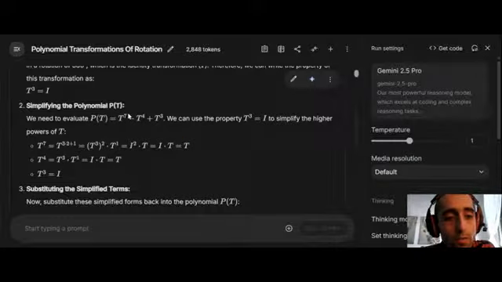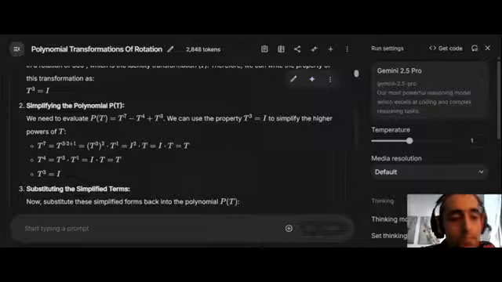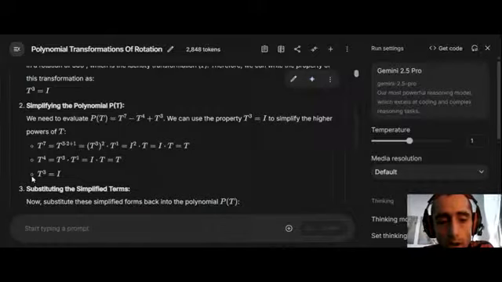So instead of t to the power of 7, you'll get t. T to the power of 4, the same idea. It's like t to the power of 3 times t to the power of 1. Now, t to the power of 3, we said that this is I, so this is I times t, which is t. Now, the last one is t to the power of 3, which is I, because this is the definition we just defined.